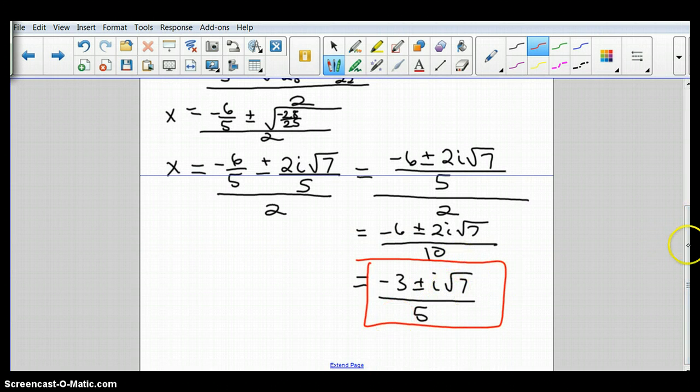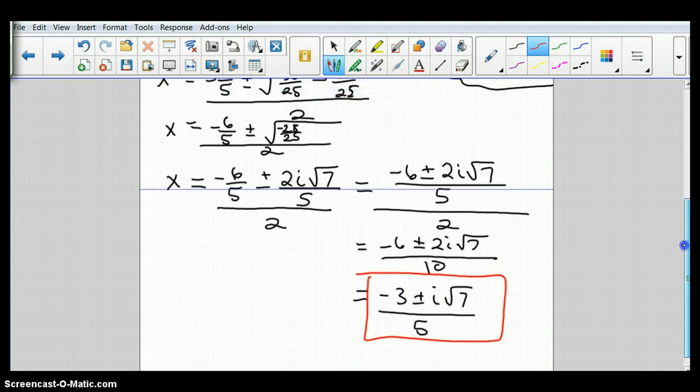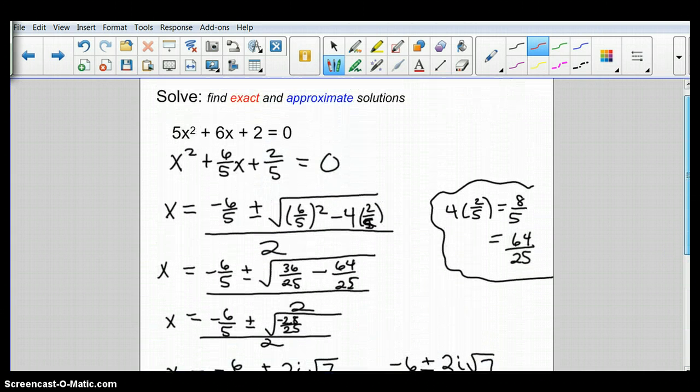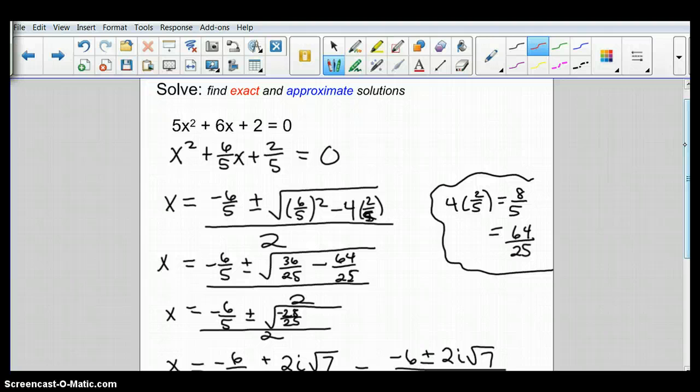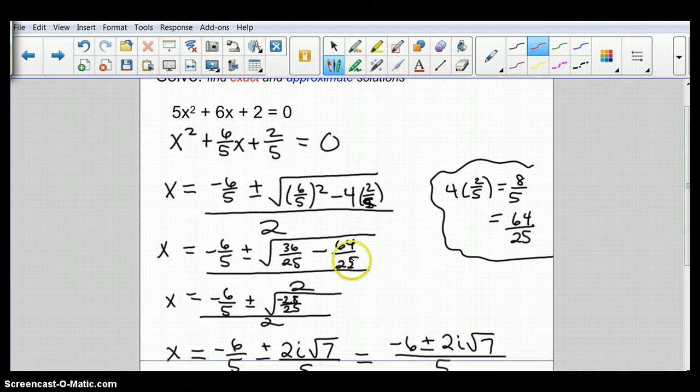So we would just leave our answer like this. No approximate solutions. Now, in case you got messed up at this step here, remember that 4 times 2/5 is 8/5. And I just made it have a common denominator of 25, so I squared both the top and the bottom, and got negative 64/25.